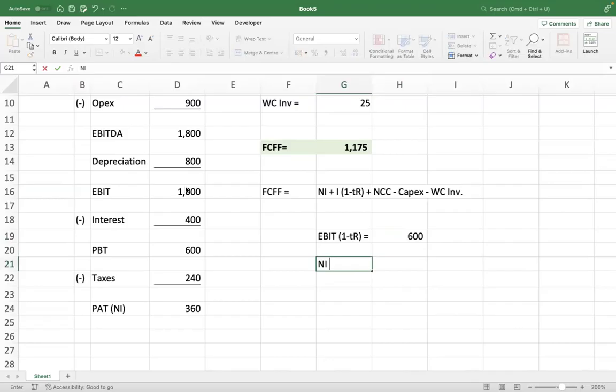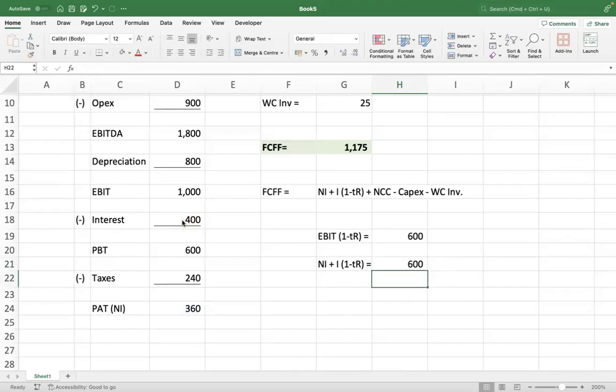If I do net income plus I into 1 minus tax rate, it will be 360 plus I into 1 minus 40%, which is also the same thing.